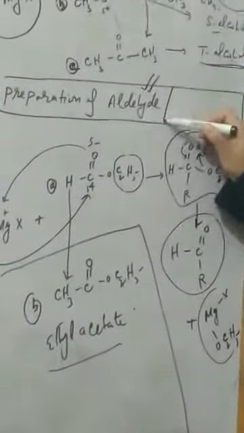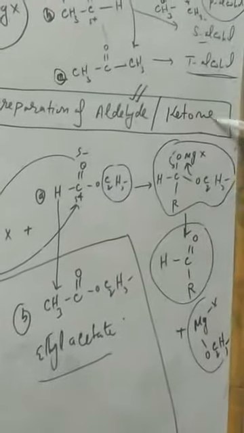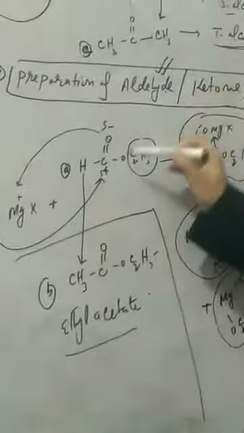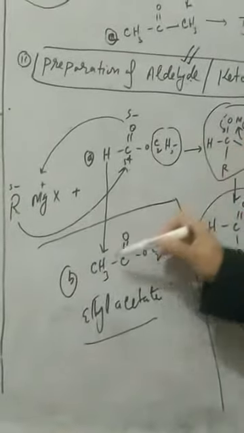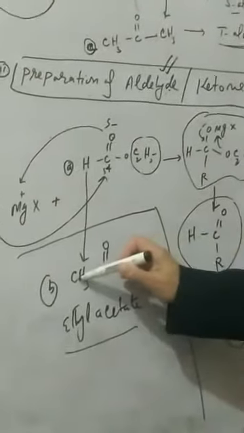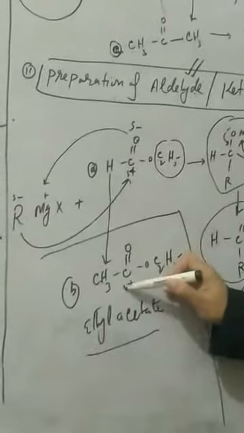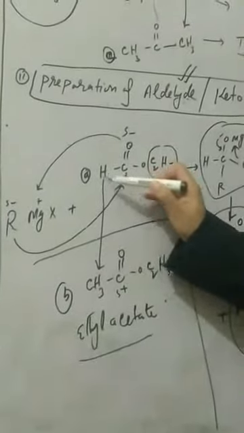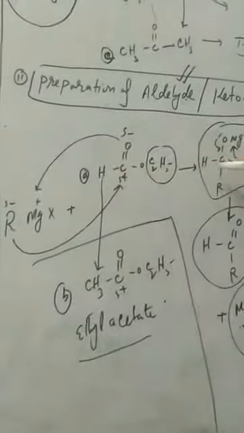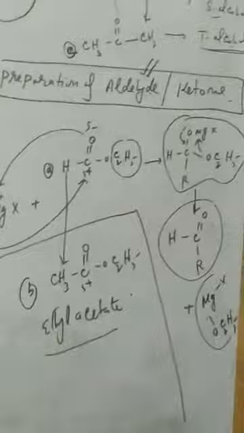So that's why we write preparation of aldehyde and ketone. That is, you can prepare aldehyde if you take ethyl formate, and you can prepare ketone if you take ethyl acetate. The reaction is exactly the same, with the only difference that H here is replaced by CH3. That's why Grignard reagent can form aldehyde as well as ketone.